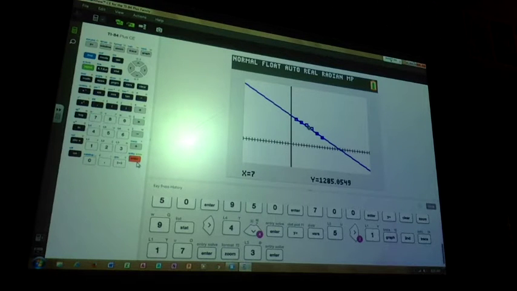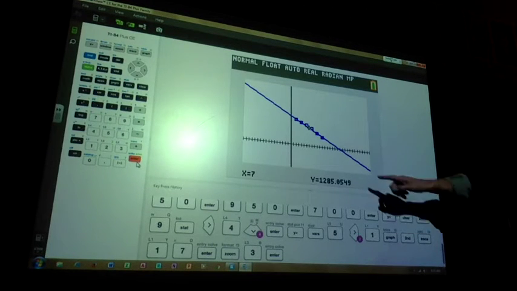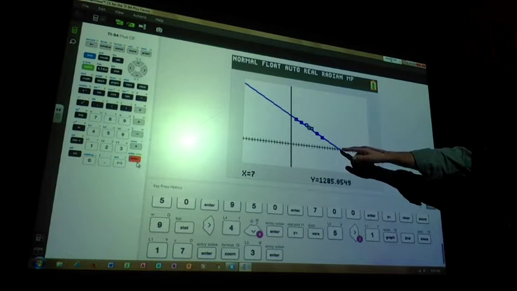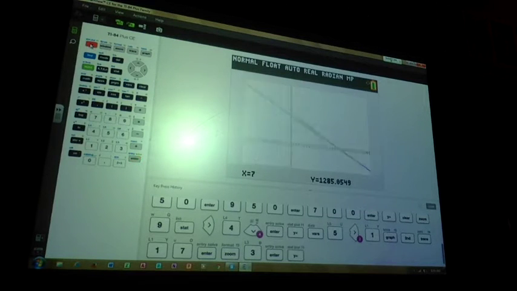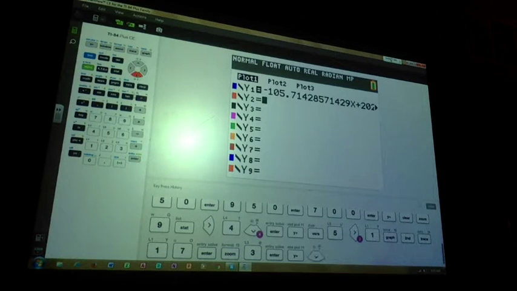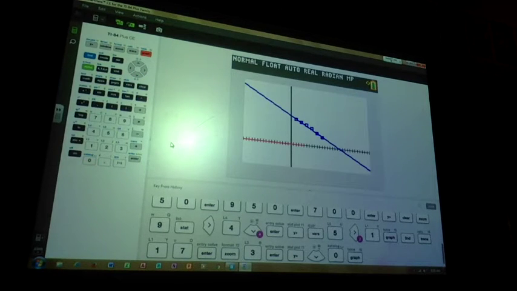Zooms out a lot. Yeah, it just depends. So this is where it's going to be. So what I'd have to do, if I wanted to figure out where that happens, that is the line. I'm going to go into y equals. My y2, I'm going to go y equals 0. Graph. Notice the red line now.